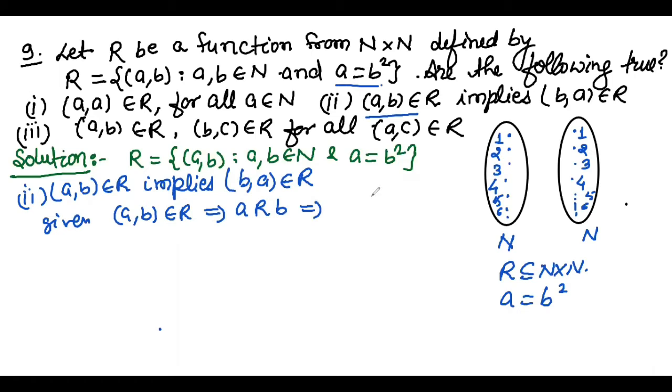Similarly, we have to show here B also belongs to R. So by example, I am taking here, if I am taking A equals to 2, except 1 I am taking 2. So it is here 2 equals to B. B I am taking here any other natural number, that is 3. 3 is square. Is it true?